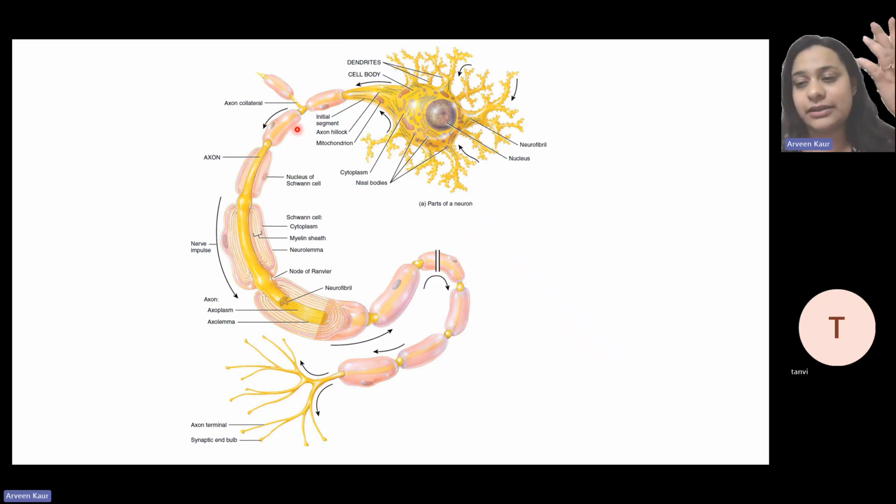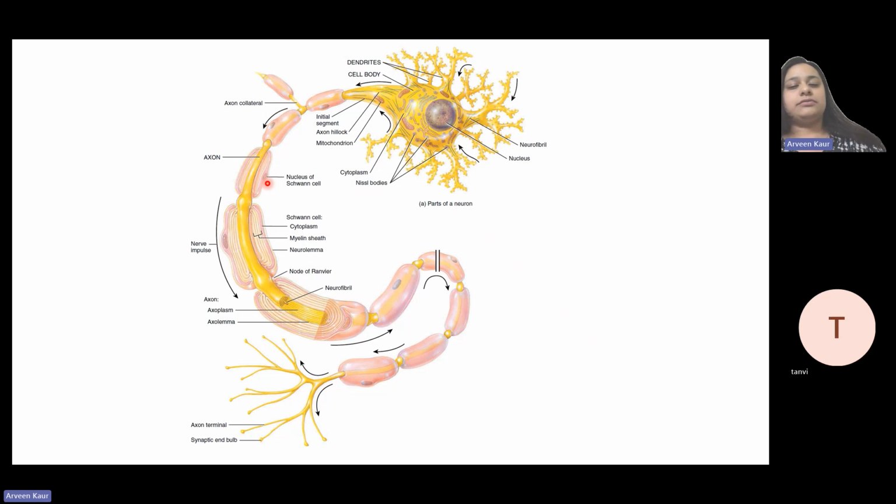Now there is a logic behind that also. If we study electric impulses, or generation and conduction of action potential, we will understand why this sheath is present and why these spaces in between, the nodes of Ranvier, are also present, right?